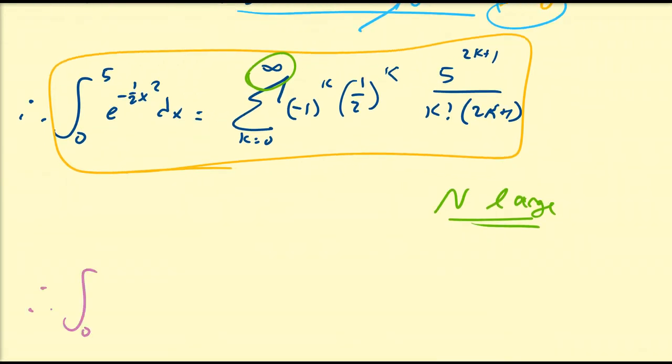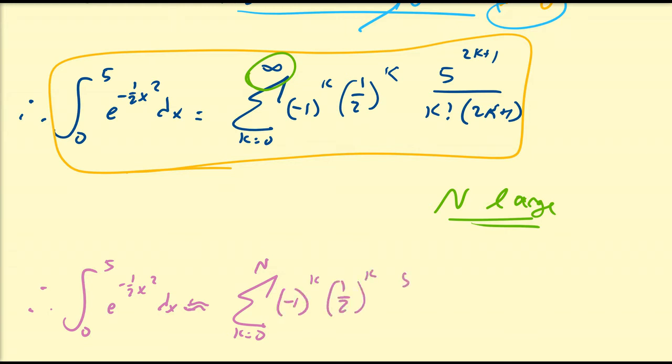Then the integral from 0 to 5 of e to the minus 1/2 x squared dx is going to be approximately equal to the sum from k equals 0 to capital N, where n is large, of the alternating series 1/2 to the k, 5 to the 2k plus 1, all over k factorial times 2k plus 1.